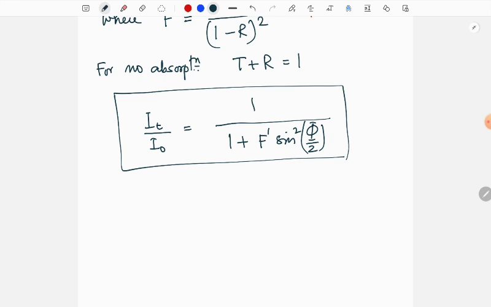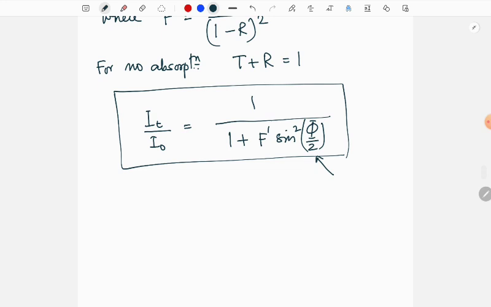Okay. And so if we plot this function, you can see that there is a sine term here. IT becomes minimum when the sine term becomes 1 or minus 1, and IT becomes maximum when this term goes to 0 and it becomes equal to I naught.